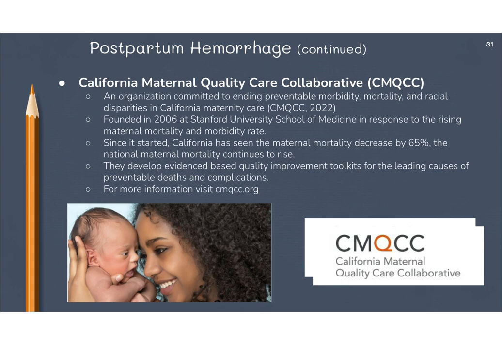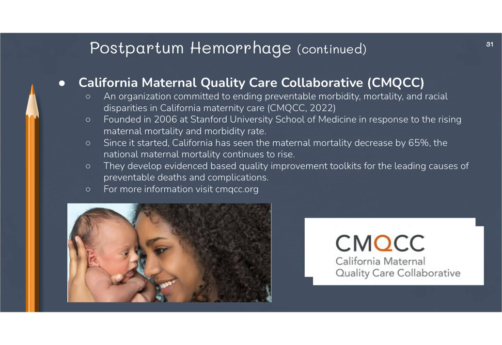So a little bit about CMQCC, which is just what this is. And again, CMQCC is something that us in OB really base a lot of our care on, whether it's the OBGYNs or the healthcare providers, as well as the nurses. This is an organization that's committed to ending preventable morbidity, mortality, and racial disparities in California.